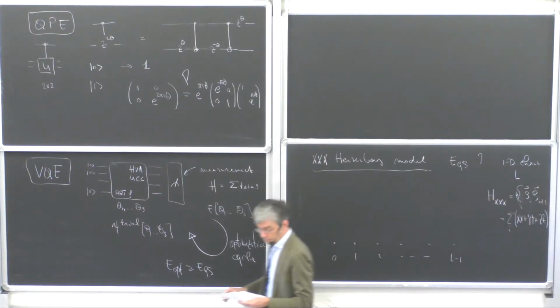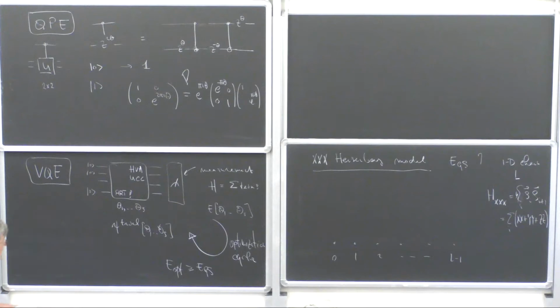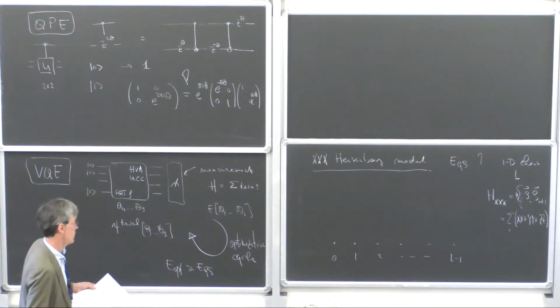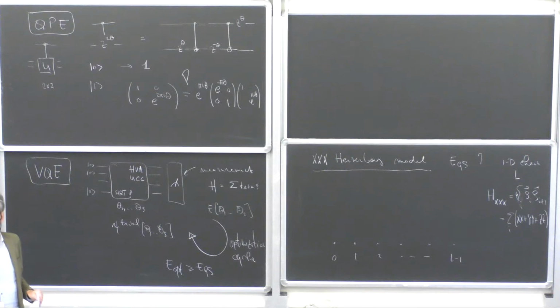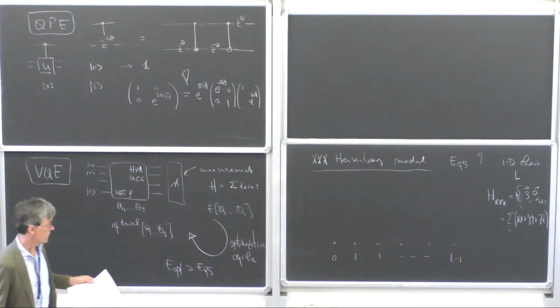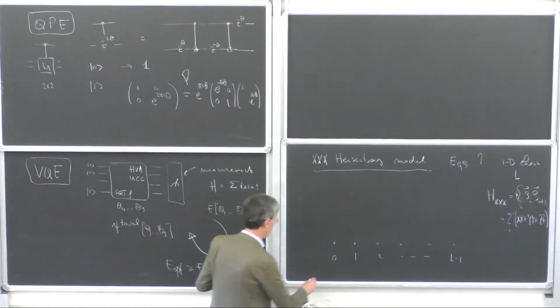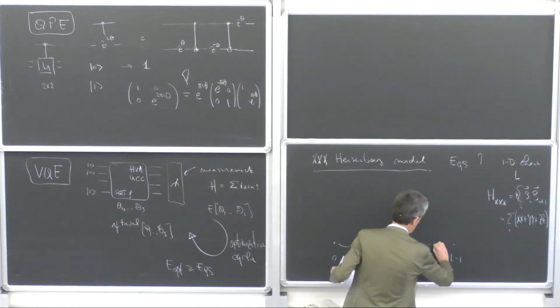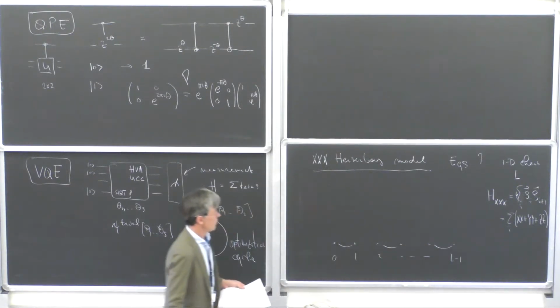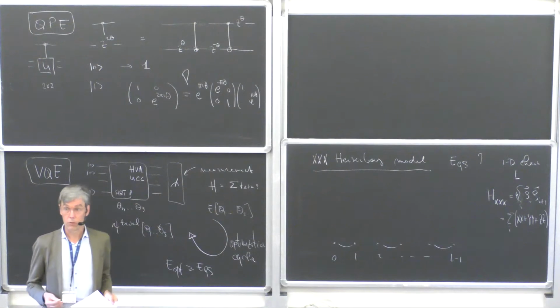Here are my sites. So now what am I going to do? So the proposal is the following. So I'm going to build a parameterized state by what's called the brick wall construction. So first step I do is I'm going to put neighboring pairs like this into, let's say, what would be the ground state if there were only 2 sites in the world, right?